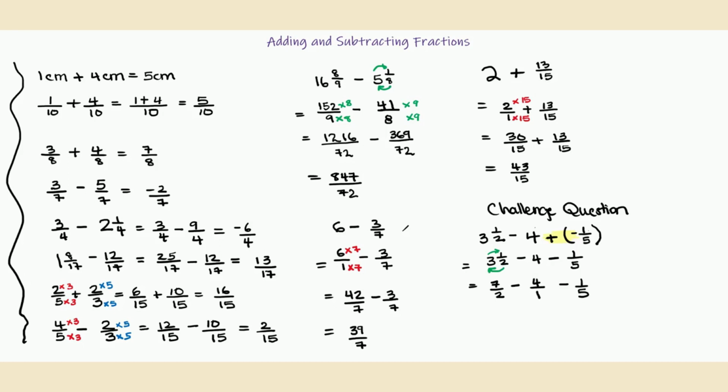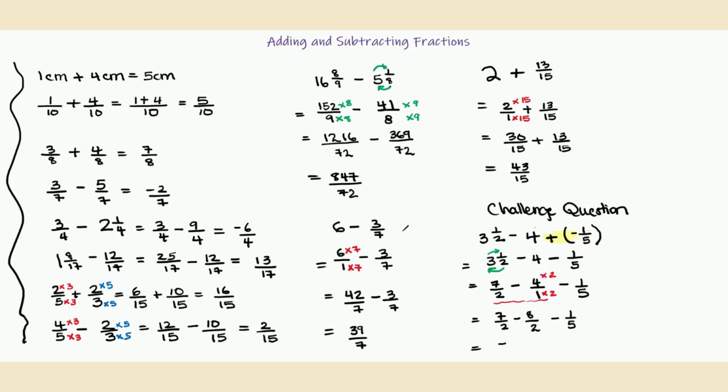Now, just like when working with multiple integers, when working with multiple fractions, it's best to take them 2 at a time. So we're going to work with these two. We'll multiply by 2 here, and multiply by 2 here. So 7 over 2 minus 4 times 2, which is 8, over 1 times 2, which is 2. Still write this because we'll come back to it later.